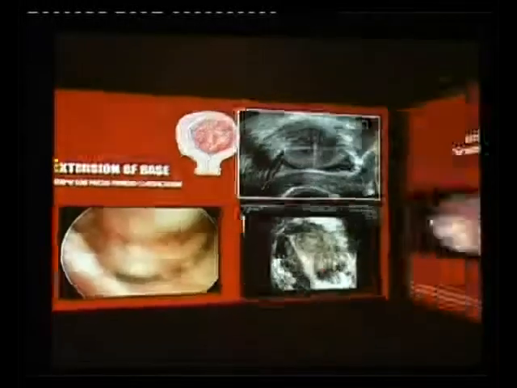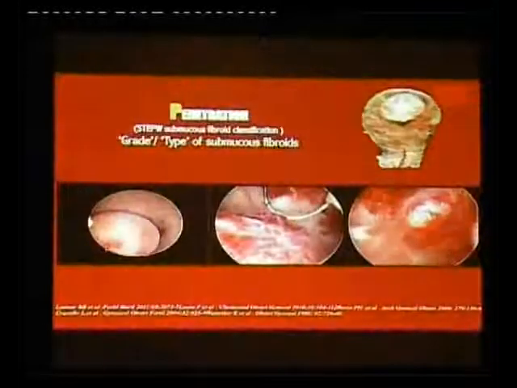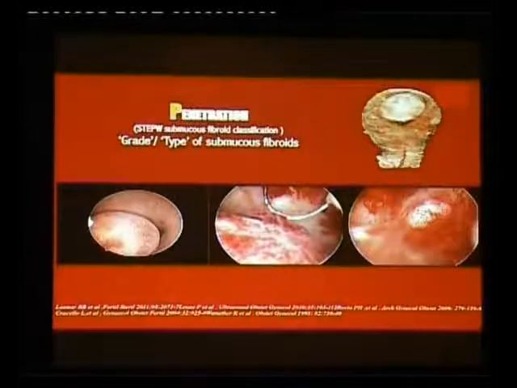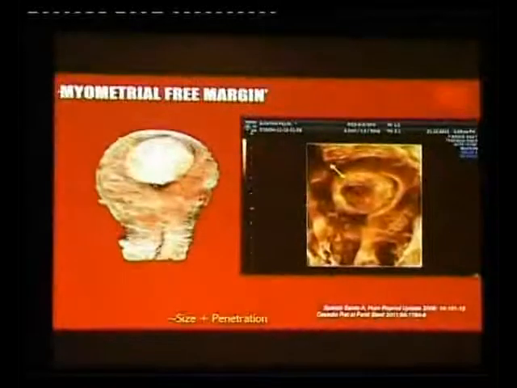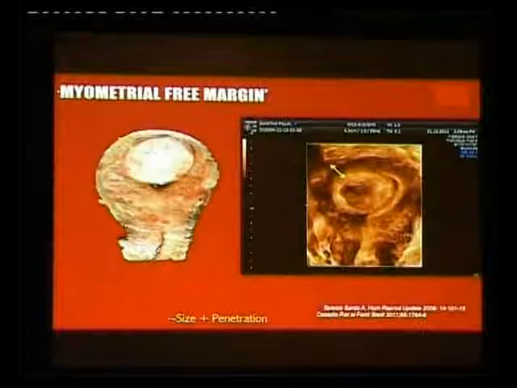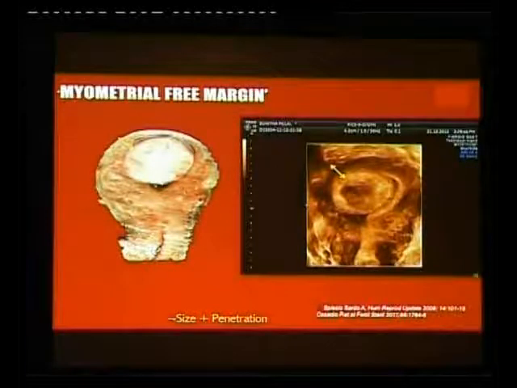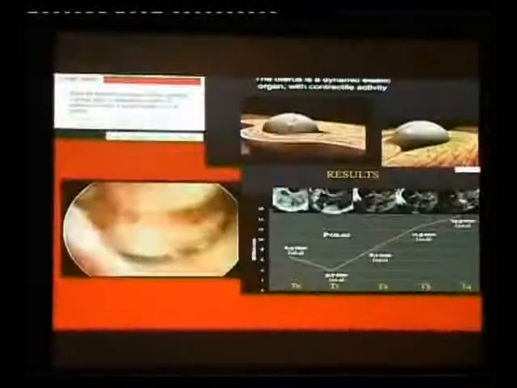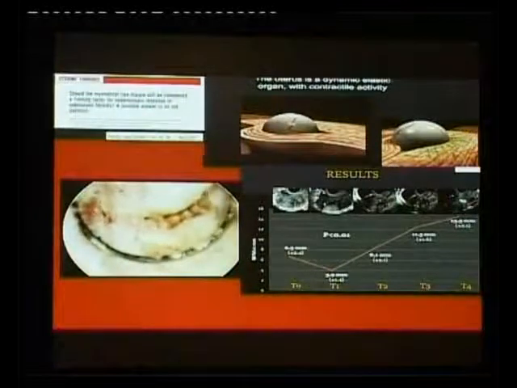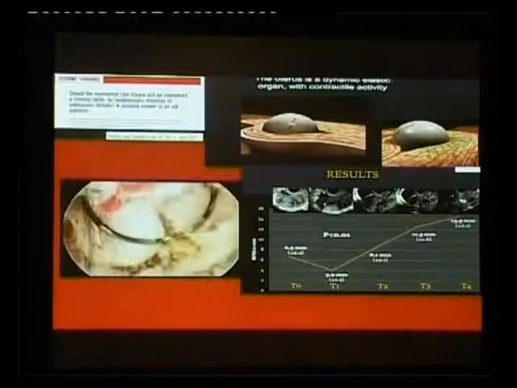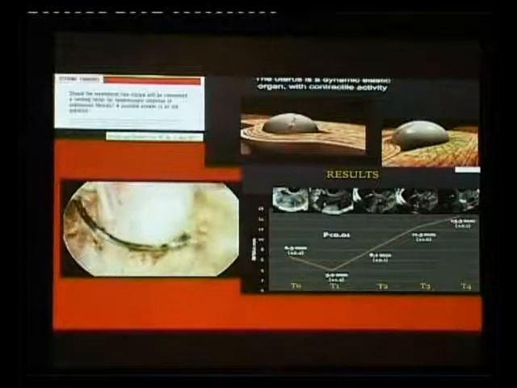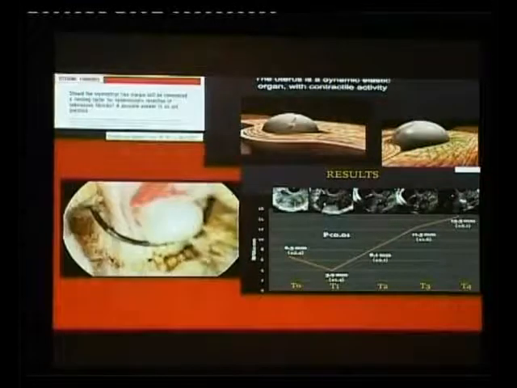There's something called the penetration into the myoma, this becomes very important because the myometrial free margin, as I learned it when I studied it, was about 3 millimeters, and anything less than 3 millimeters means you can perforate, till I saw this wonderful paper which said that the uterus is a contractile organ, and when you are actually removing the fibroid, the uterus contracts over it.